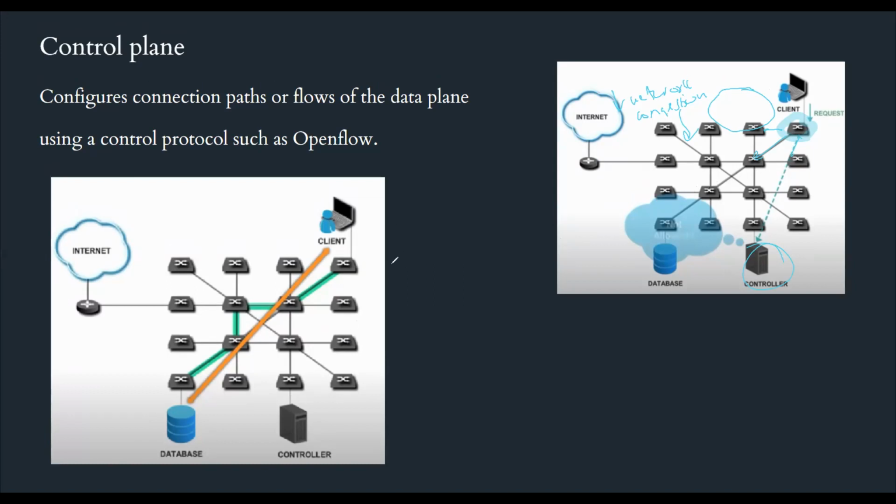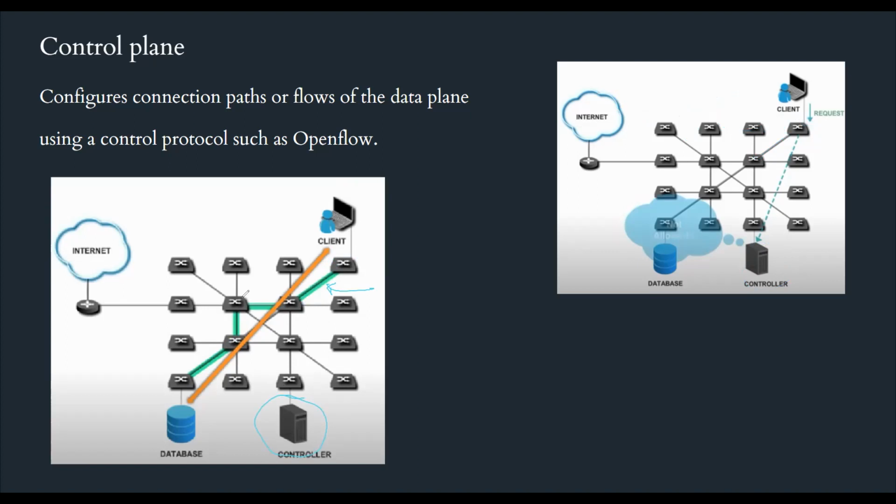So if the switch decides to use the controller's help, then the controller will decide, okay, this is the best method to send the data. The controller will indicate this green path is the best path to forward the data.